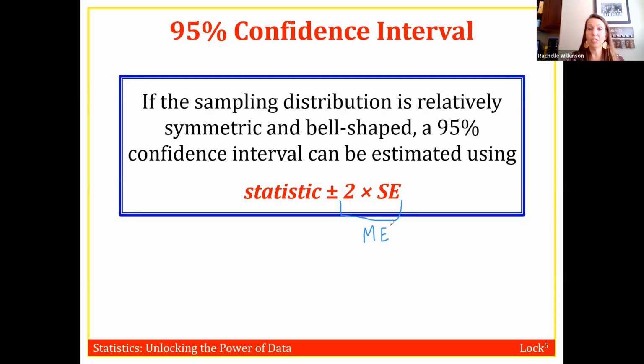Pay close attention to the wording in the problem and see if it's giving you standard error or margin of error. But we can use the standard error to get the margin of error. So 2 times the standard error is equal to the margin of error. You can add and subtract that from the statistic, and then you have your confidence interval.